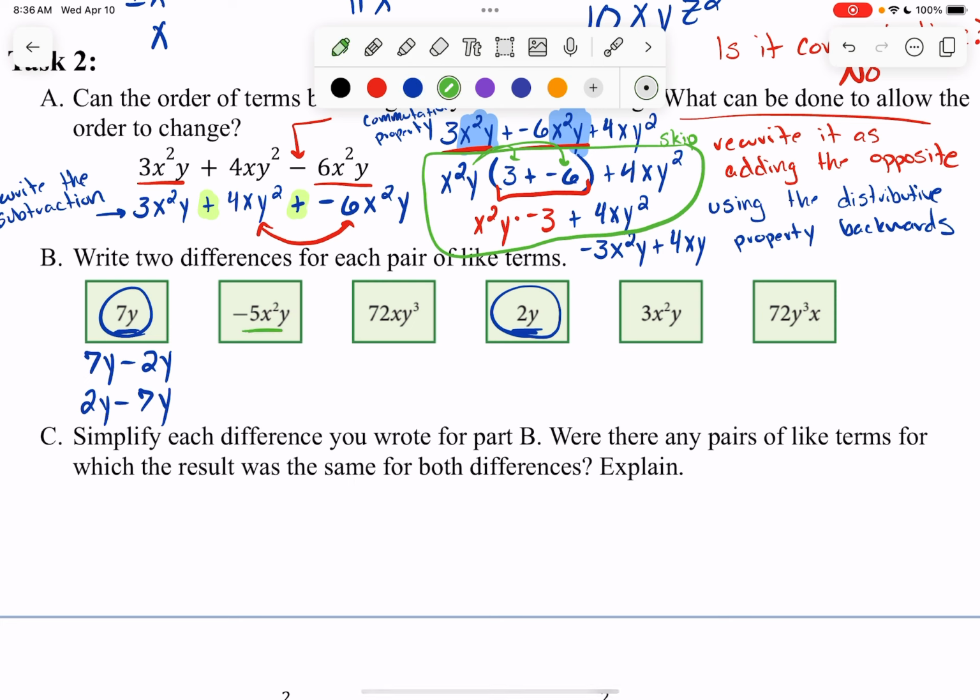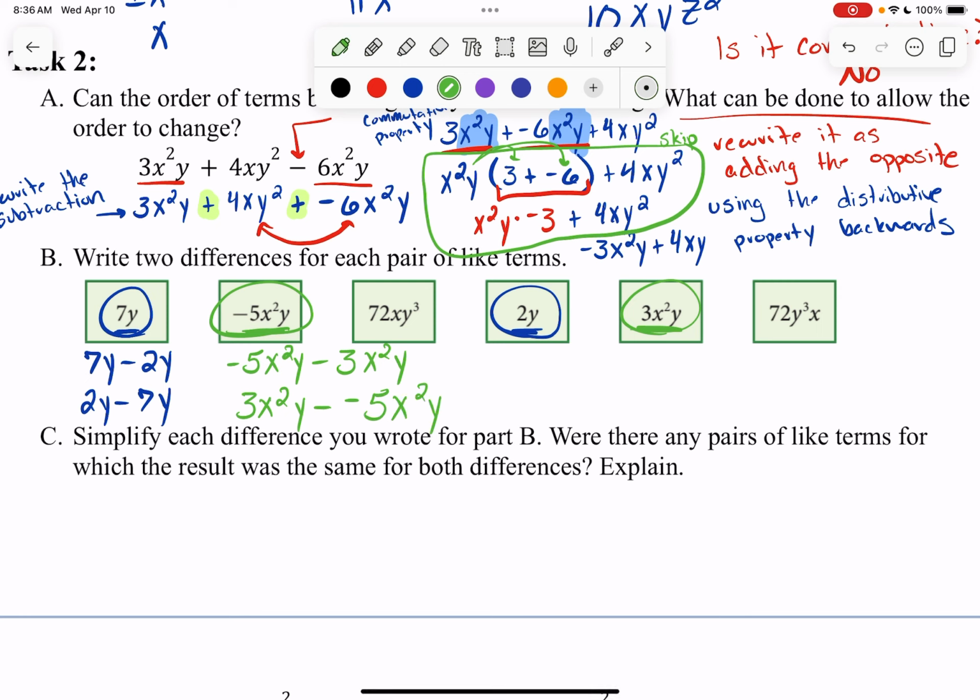What about x squared y's? Nope, that one's not. That one is. There's my x squared y. So I can either write it as negative 5x squared y minus 3x squared y, or 3x squared y minus a negative 5x squared y.